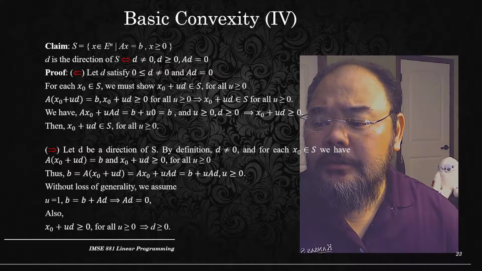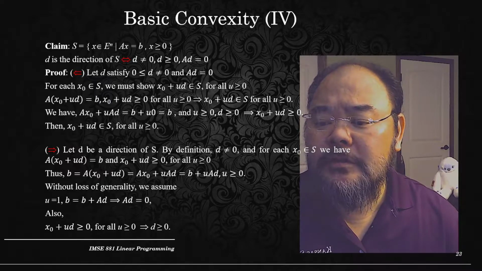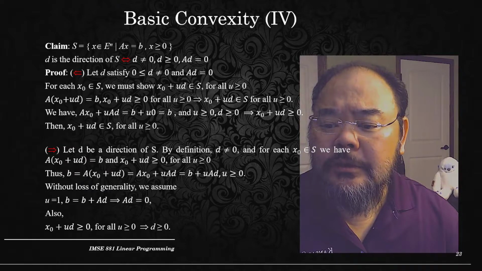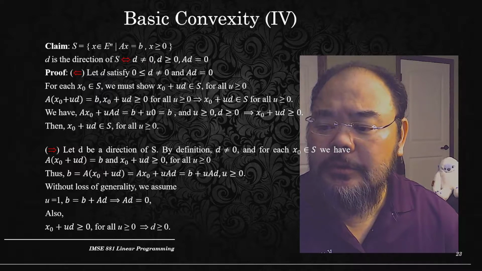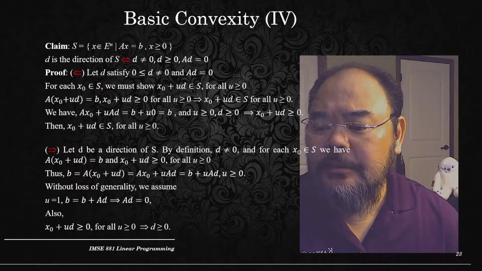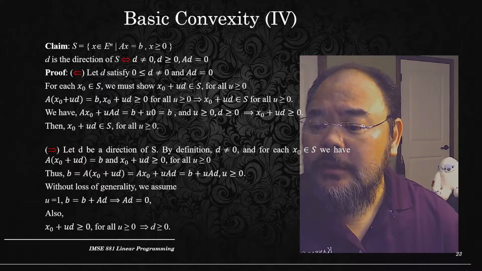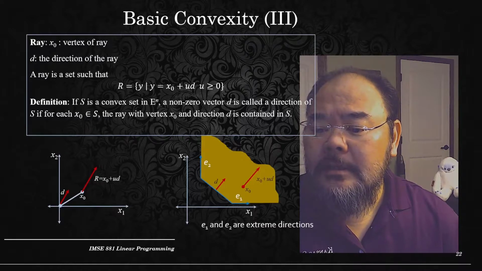First we're going to assume this direction D satisfies this set of conditions: D is not equal to 0, D is greater than or equal to 0, and A times D equals 0, and then D is a direction. So what is the direction based on the definition of the ray we just talked about at the end of the last slide?